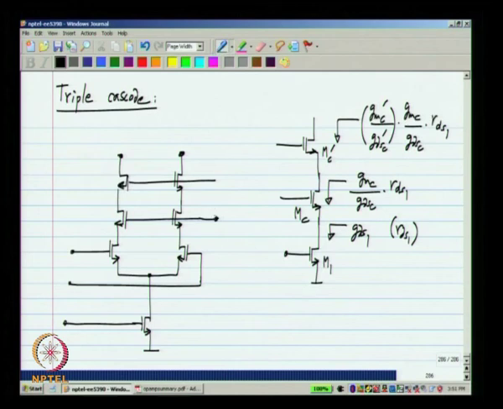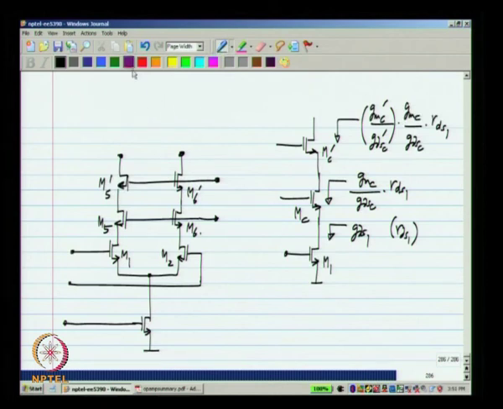So, this is a diff pair with two cascodes. Okay. We had M1, M2, M5, M6 earlier, and let us say I call it M5 prime, M6 prime, and similarly on top I need to have a current source with two cascodes. Okay. There is no point improving only one side when both sides are contributing to the output conductance.